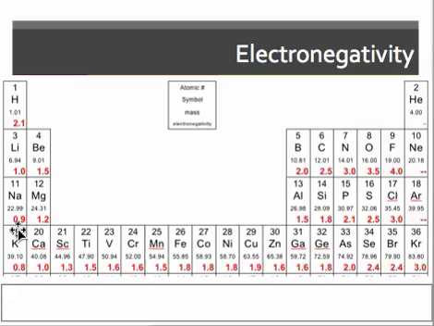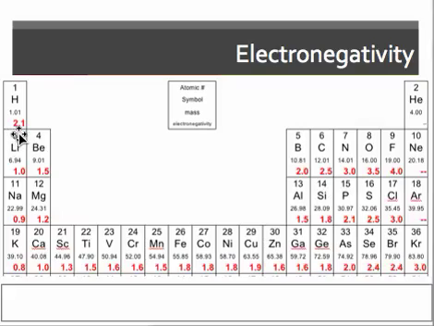Sodium has a low electronegativity number, and so it does not have a strong pull on electrons. Therefore, it makes sense that sodium is willing to give up an electron and chlorine is willing to take an electron.